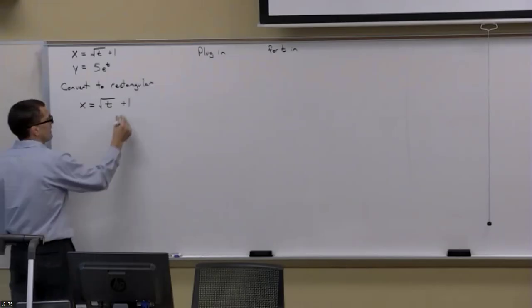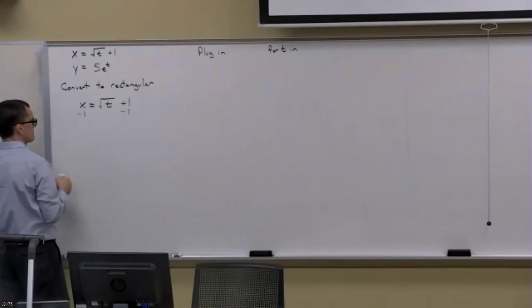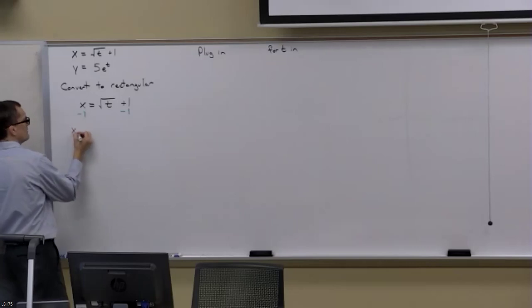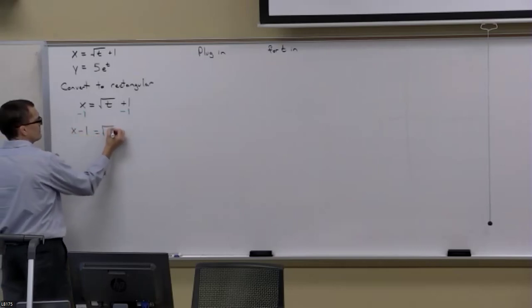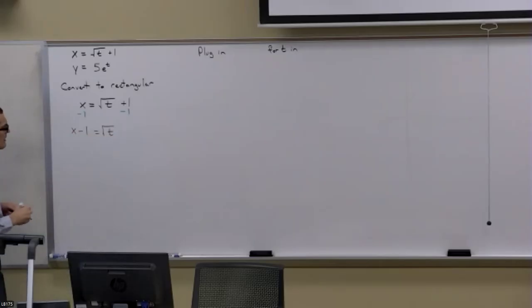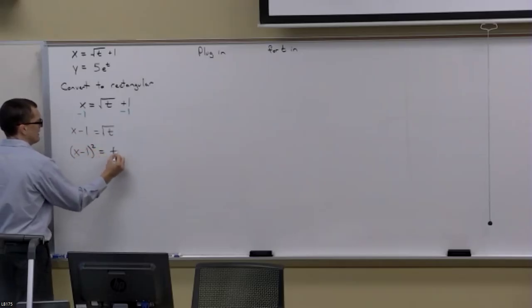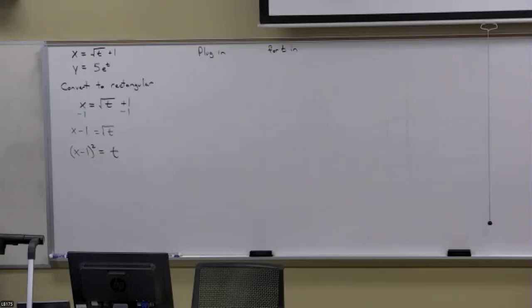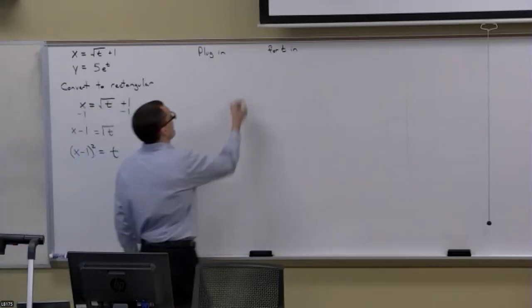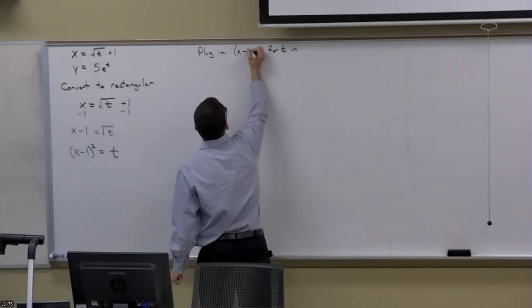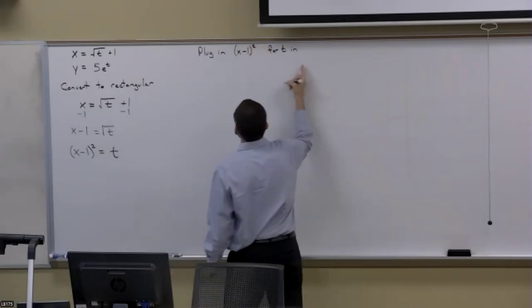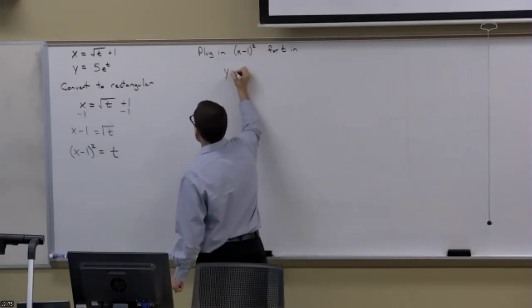Subtract 1 from both sides. X minus 1 is equal to the square root of t. And then what I do is I probably square both sides. So x minus 1 squared is equal to t. So I plug in x minus 1 squared for t into the y equation.